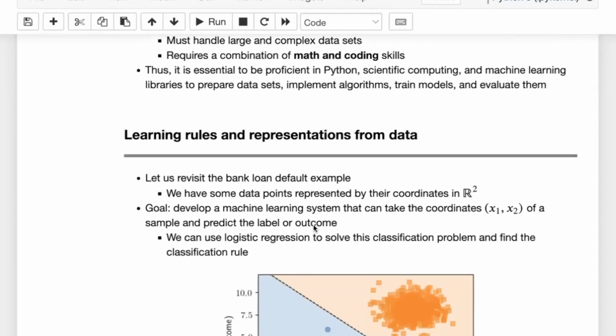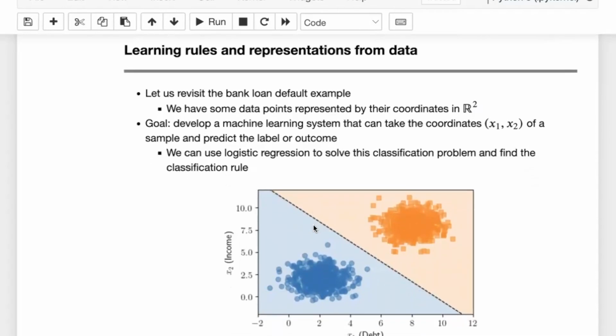Okay, so now let's talk a little bit more about learning rules that we just mentioned, right? So, as we said with the bank loan default problem, we have some data points represented by their coordinates in a two-dimensional space or R2. As you can see here, you have this X1, you have X2. In this case, we assume that X1 shows the debt, and X2 shows the income, right?